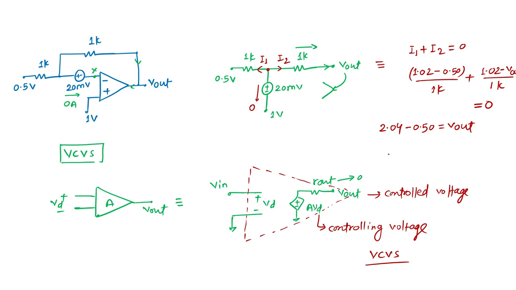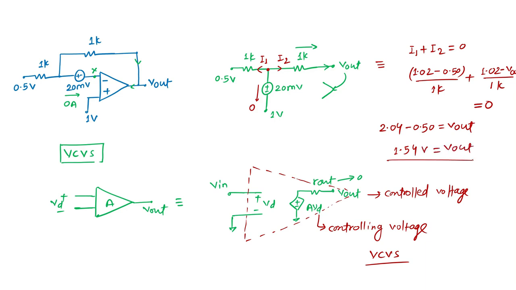So 2.04 minus 0.50 gives the output 1.54. Yes, exactly correct. So this is my V out.